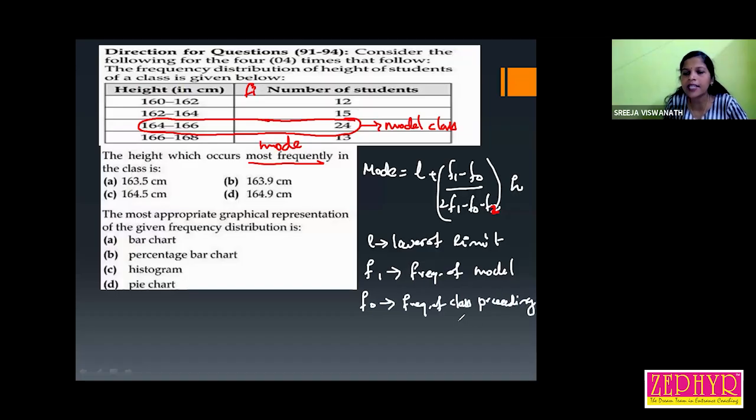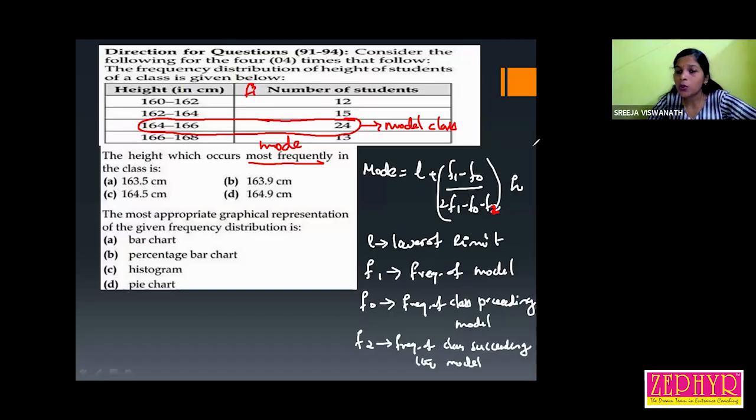F2 is the frequency of the class succeeding the model class. And H is the class size. This is the formula: L plus (F1 minus F0) by (2F1 minus F0 minus F2) into H.